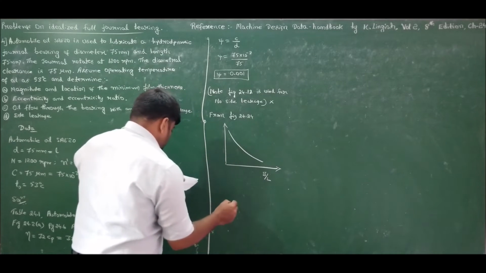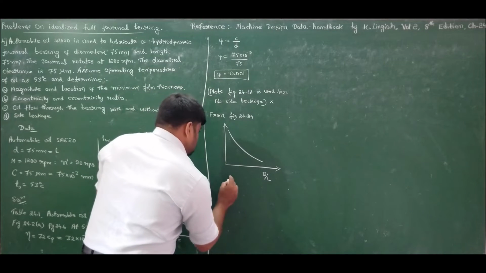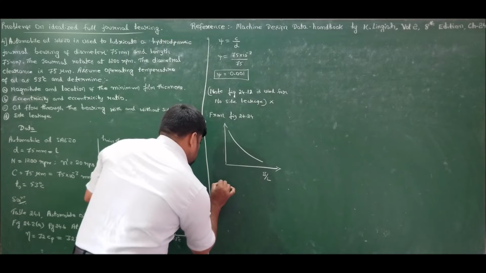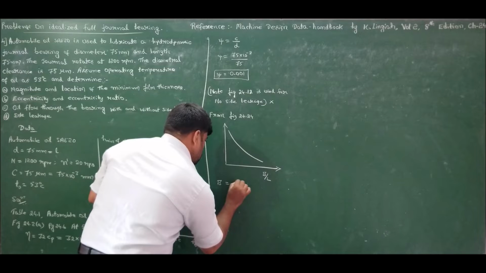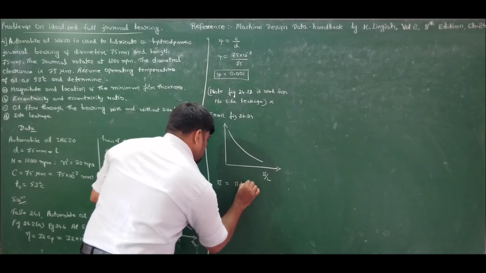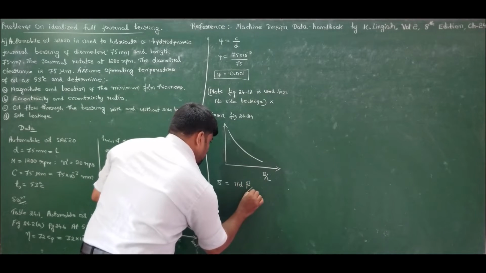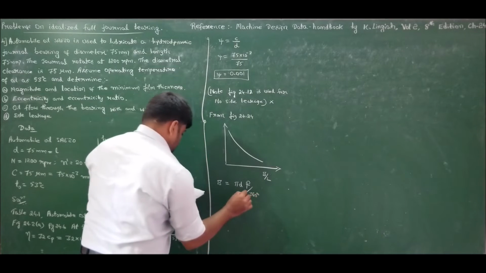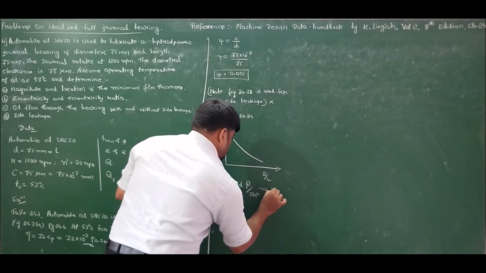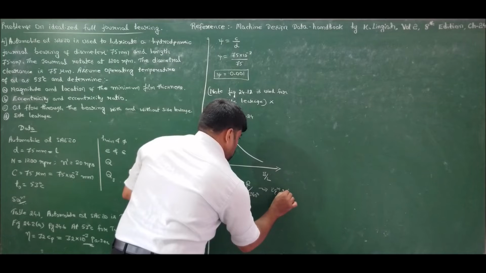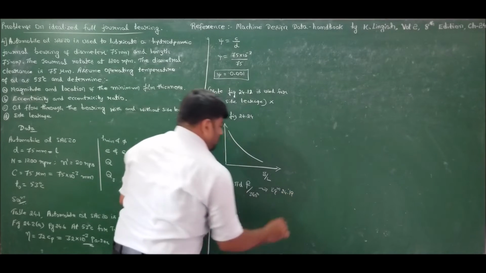Now the value of B by L. B is equal to pi d into beta by 360 degrees. This is given in equation 24.19.